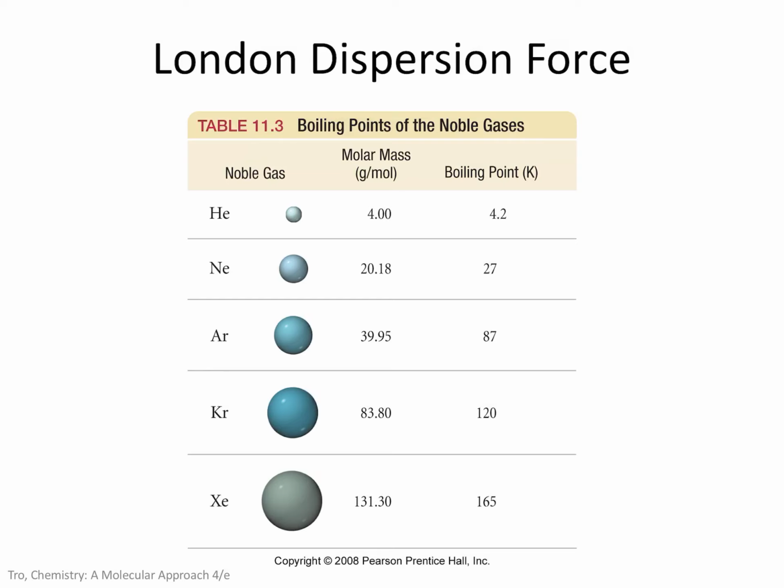So a larger electron cloud results in a greater dispersion force because you have more likelihood of those electrons fluctuating. Since the electrons are held less tightly by the nucleus, they can polarize more easily because they can move around more easily, causing one side of an atom to be more negative than the other.